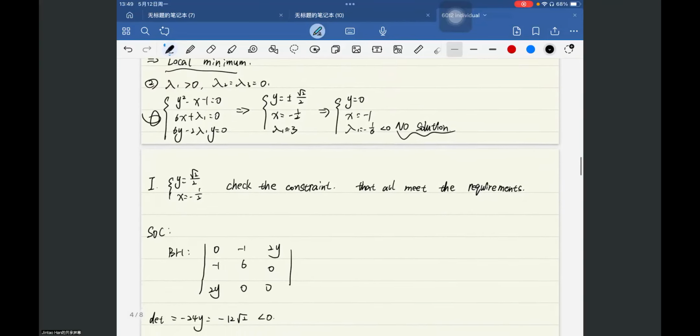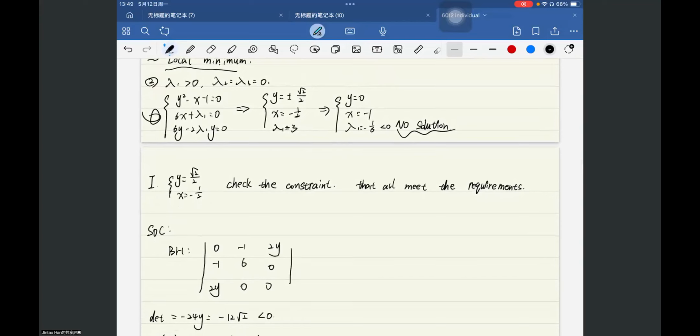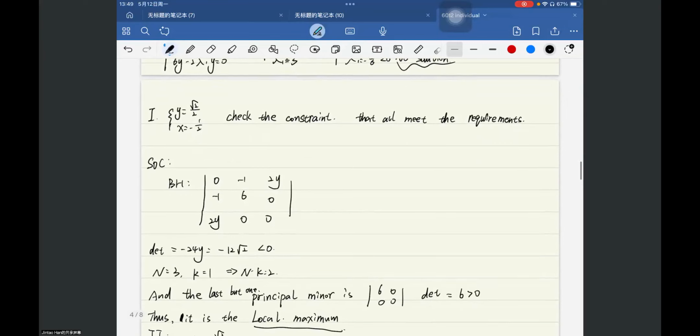The first is y equals root 2 over 2 and x equal to minus 1 over 2. We check that the constraints are all correct. Then we do the second order condition.